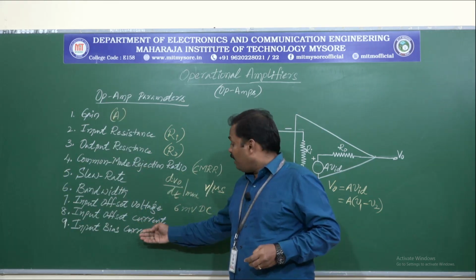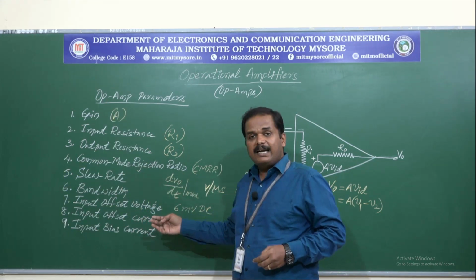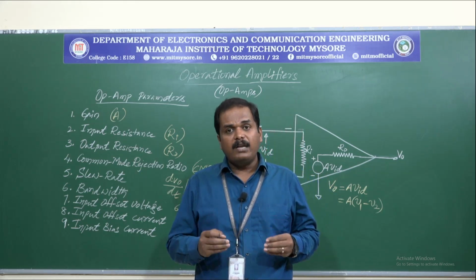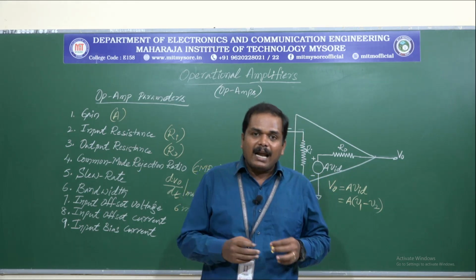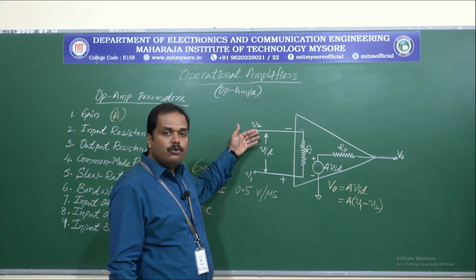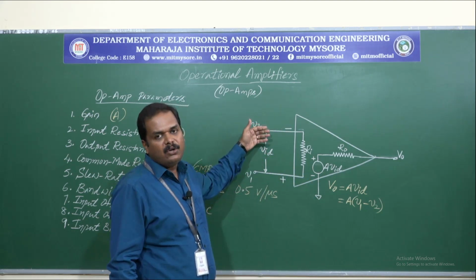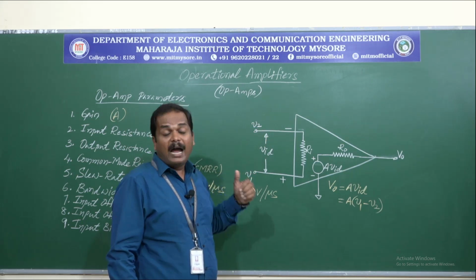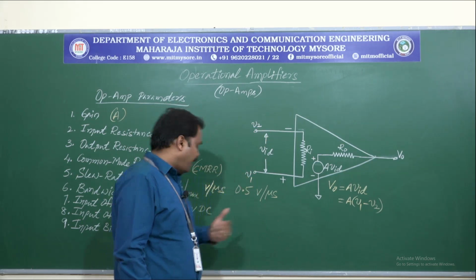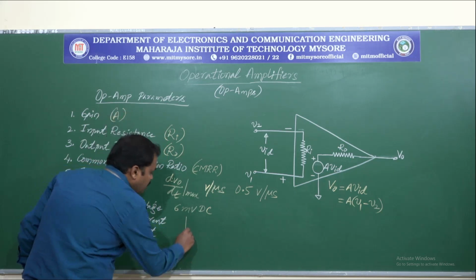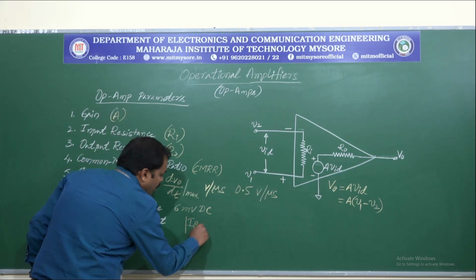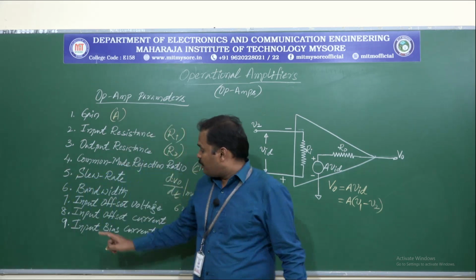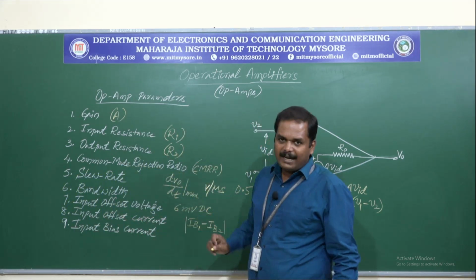And the next parameter is the input offset current, which is defined as the algebraic difference between the currents that are flowing into the inverting terminal and the non-inverting terminal. These currents are represented as IB1 and IB2, and we consider the algebraic difference of these two to represent the input offset current.